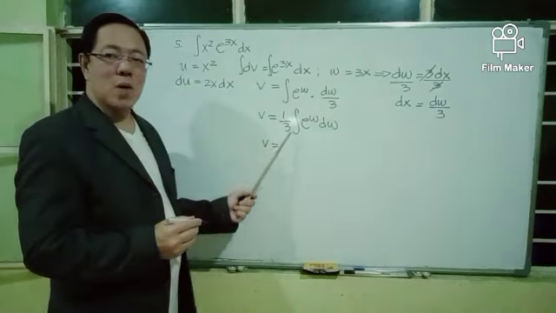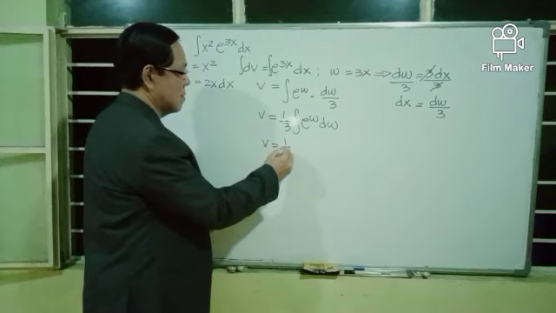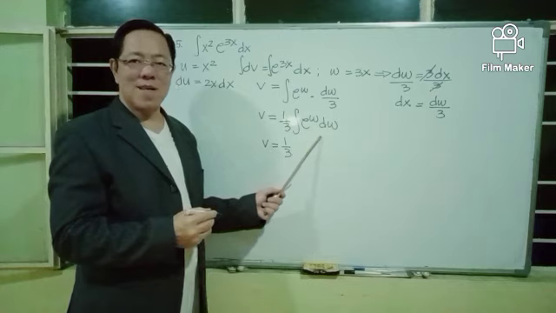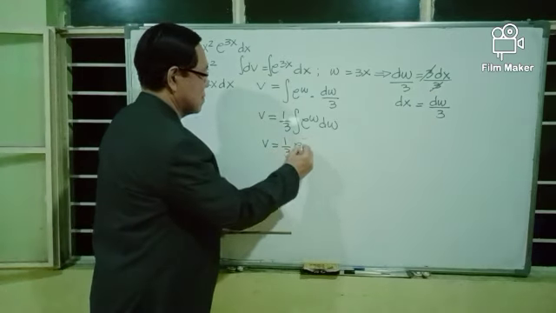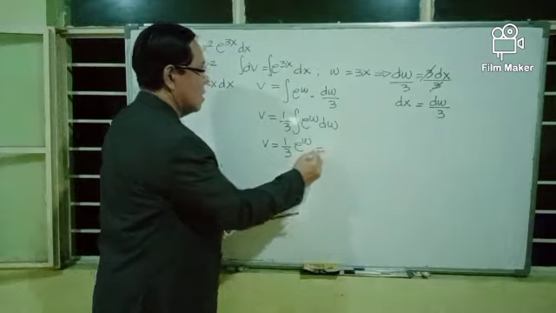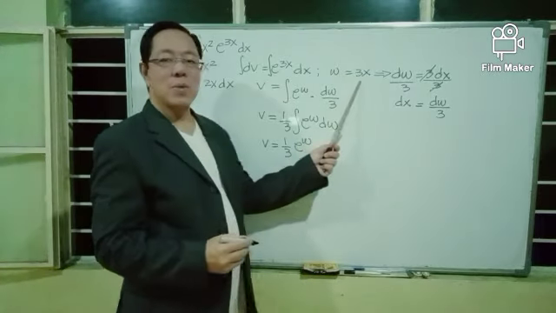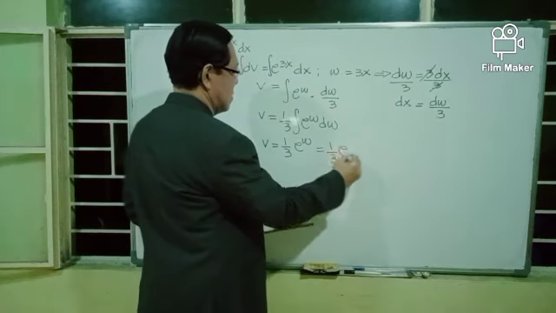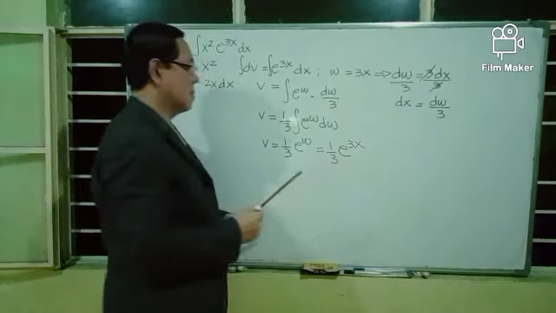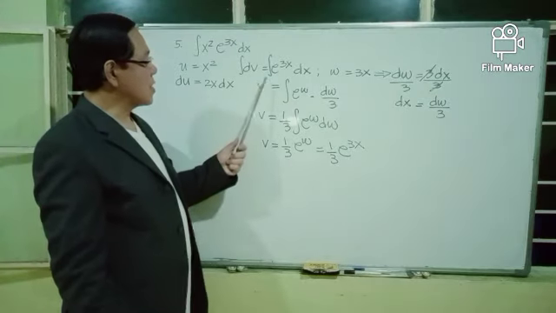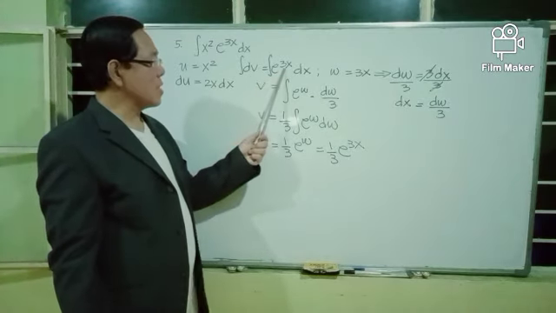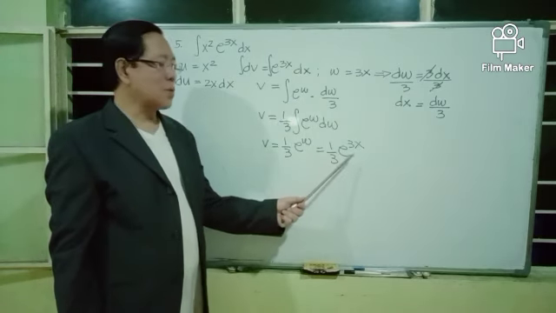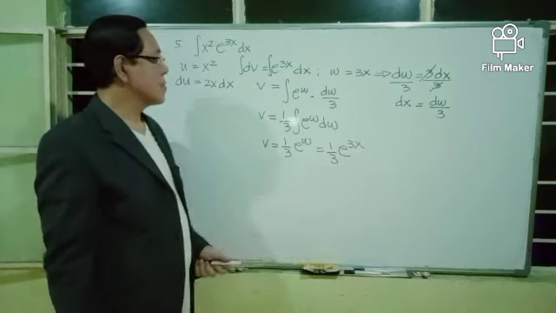So we now have 1 over 3 times e raised to w. But w is equal to 3x. Thus, the integral of e raised to 3x dx is equal to 1 over 3 times e raised to 3x.